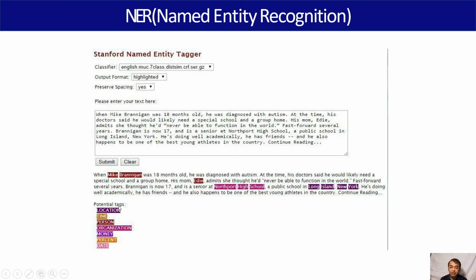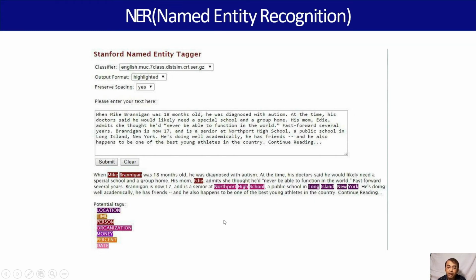After that they try to predict the potential tags. Let's say over here, Long Island, is basically a location. Guys, you can see the color, match the color. So this is the location.